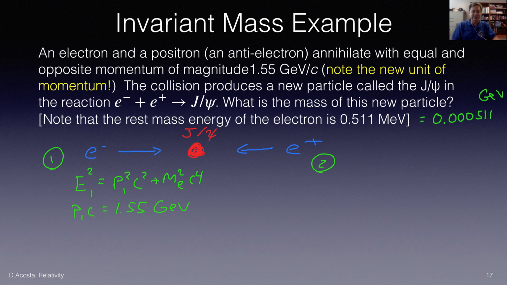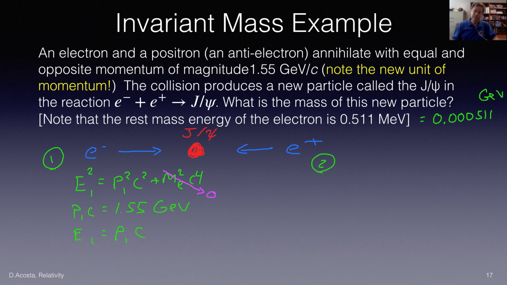If I square that, I get a very tiny number. So effectively in this problem, because the energies and momenta are so large, we're going to treat that mass as going to 0. And so it's very easy to see that E1 is just going to become P1 c.